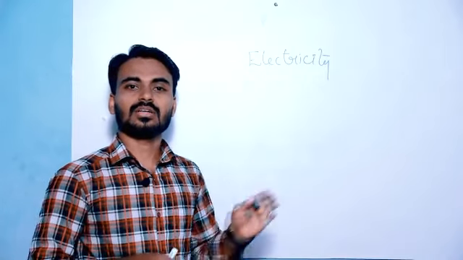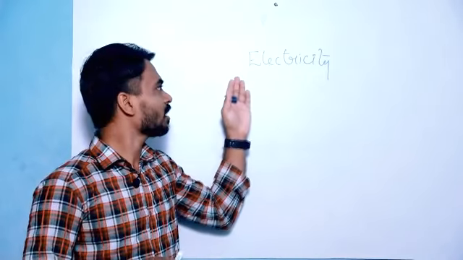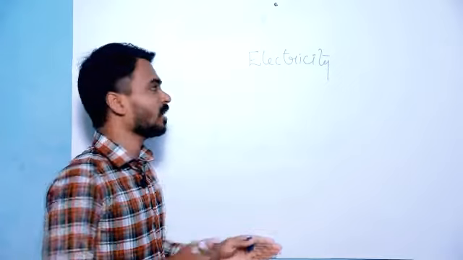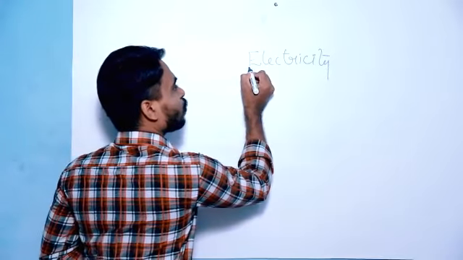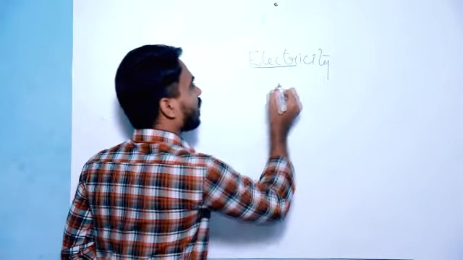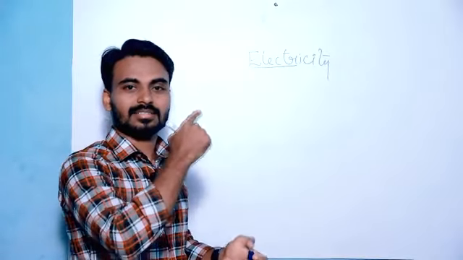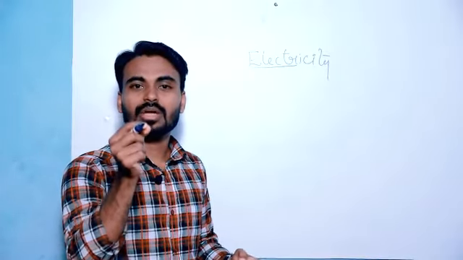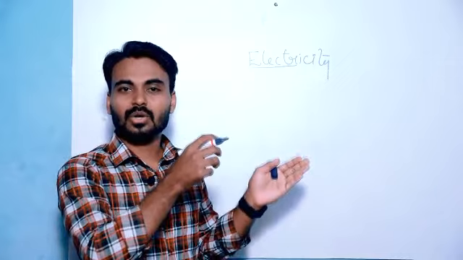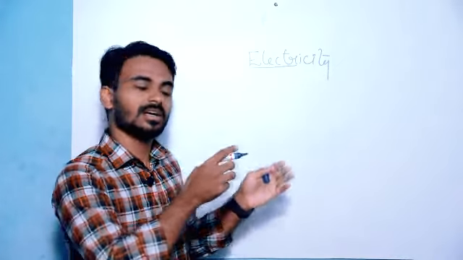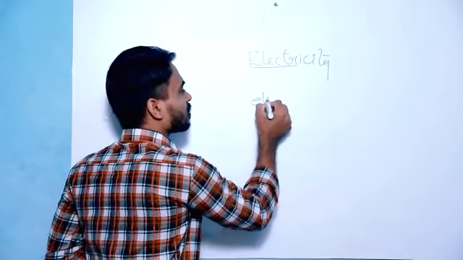We just look into the name again. Electricity. The first few letters include something, elect. That elect, we know a particle that comes very close to this elect. Yes, it is electrons.